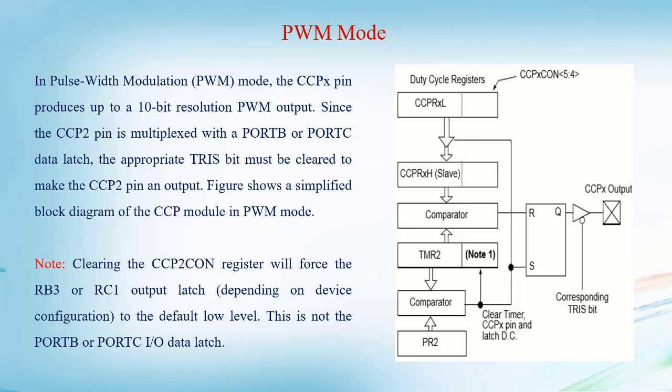The comparator between the CCPRxH slave and TMR2 gives the output to the RS flip-flop, and accordingly we are getting the output at Q point.